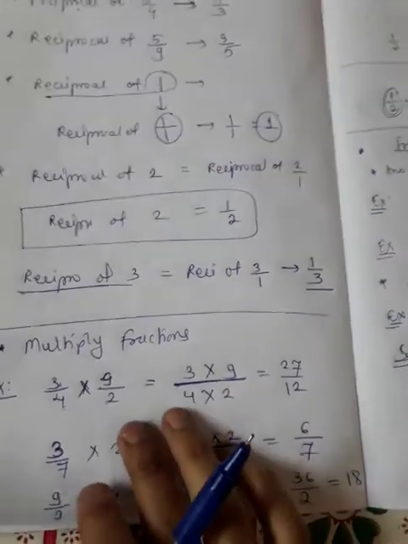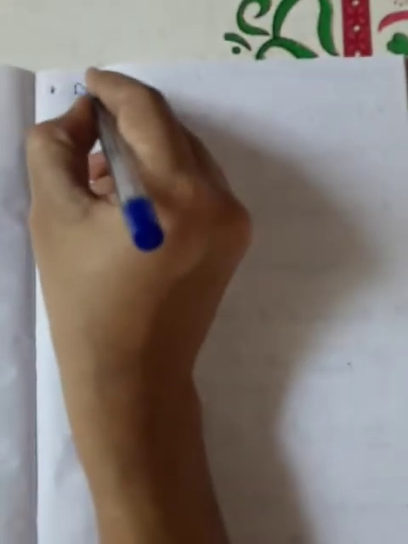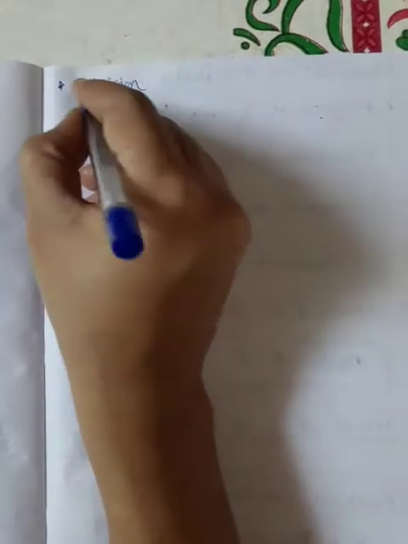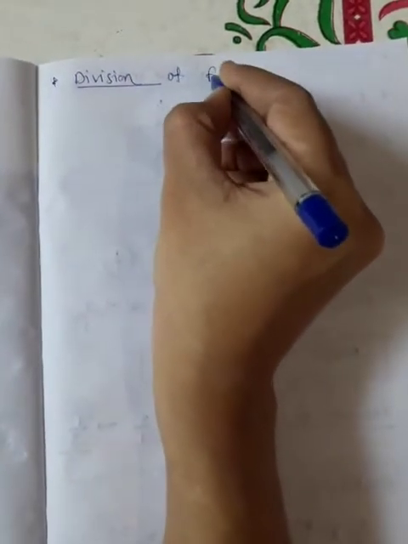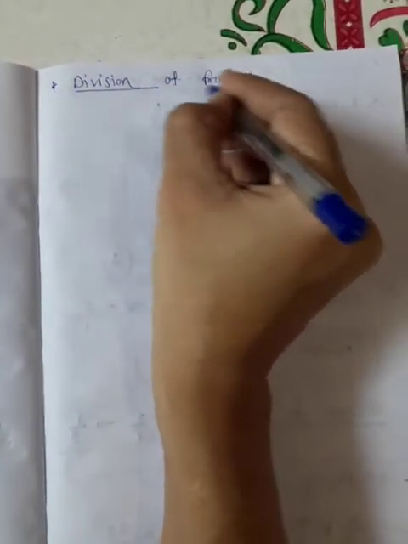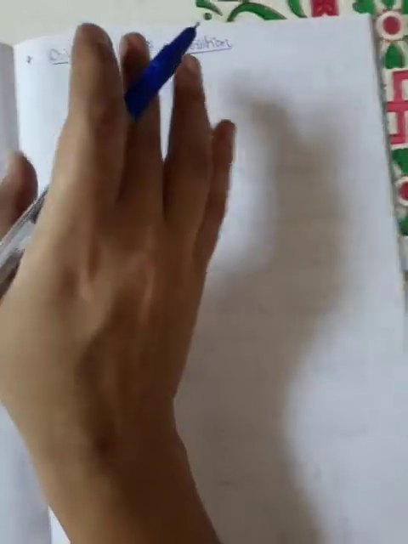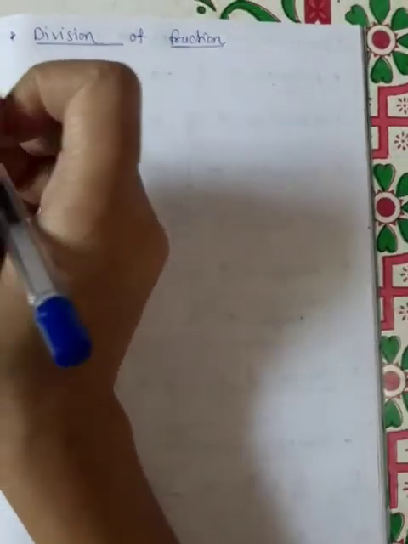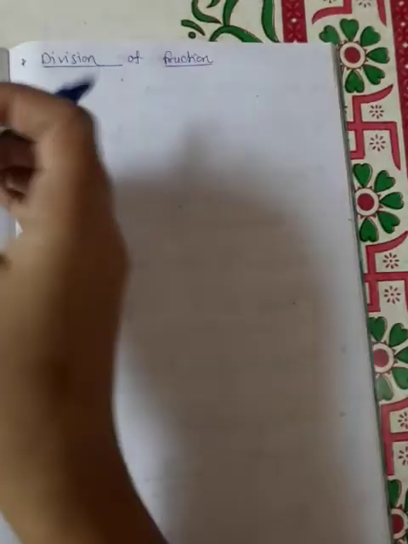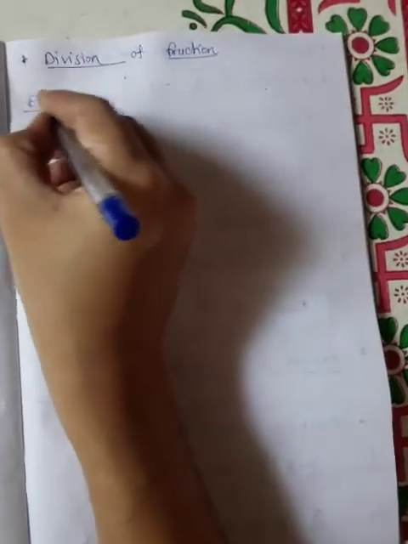Now how to divide? You have studied this part in the topic fractions, and in the previous standard you have studied how to multiply and divide, but I am going to revise because it will be helpful in our topic, operations on rational numbers. So see, division of fractions.